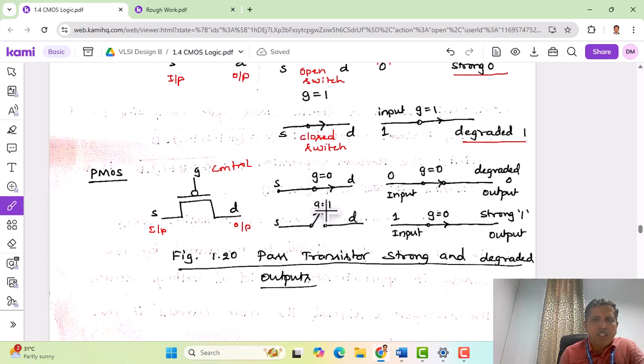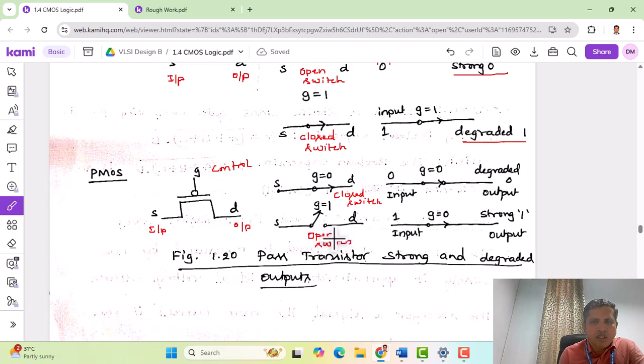But when you make G as 1, the switch representation of PMOS is an open switch. So we have a closed switch for G equal to 0, and for G equal to 1, a PMOS behaves like an open switch.